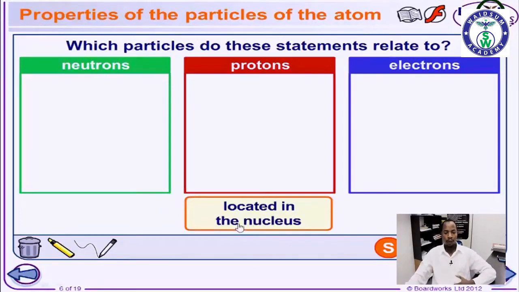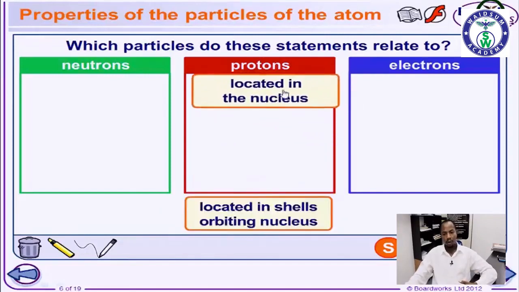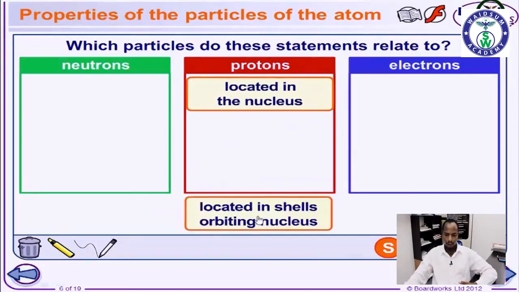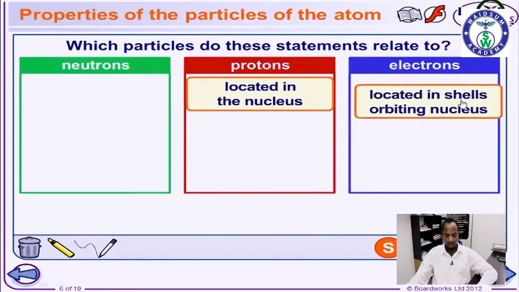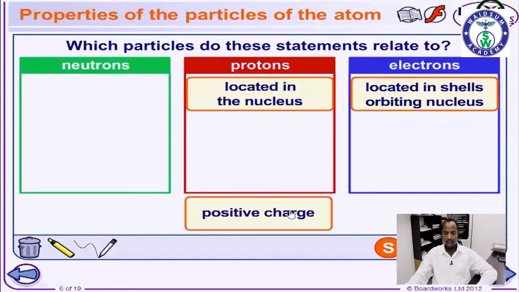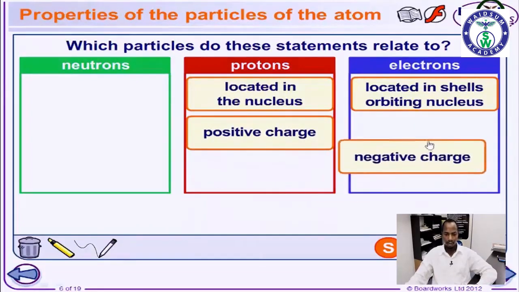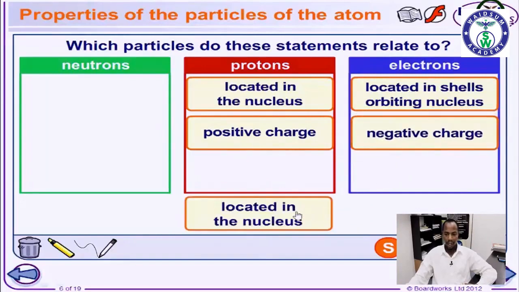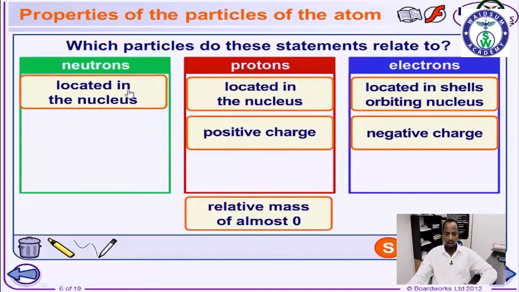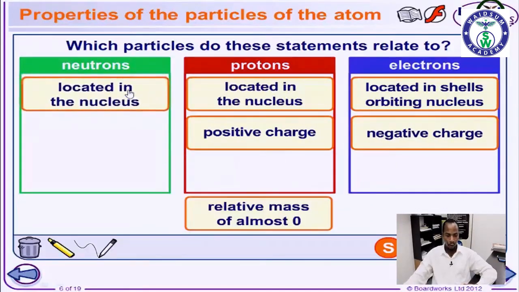Which of these subatomic particles is located in the nucleus? The protons, right? Located outside, orbiting the nucleus: the electrons. Positively charged: protons. Negatively charged: electrons. Located in the nucleus again: neutrons, because the protons and the neutrons are both found in the nucleus of the atom.